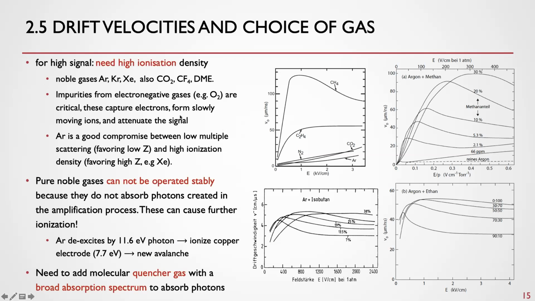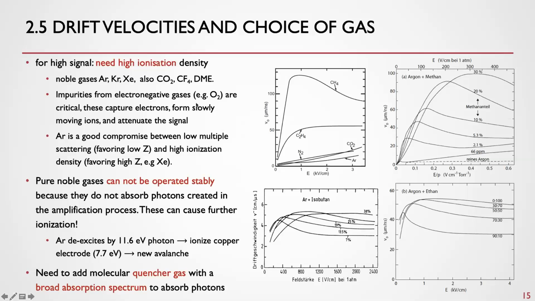If you have oxygen contamination, oxygen can capture electrons, and if you have a low number of primary ionizations, then you can accumulate inefficiencies because the single ionizations can be captured by oxygen. So typically, it's not always true, but typically, electronegative gases are to be avoided because they attenuate the signal and they can completely kill it in case the detection volume is small.